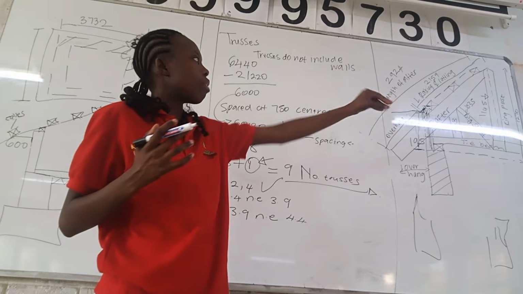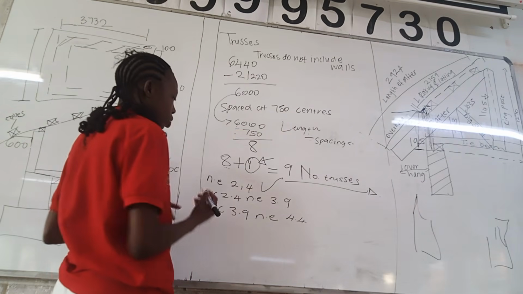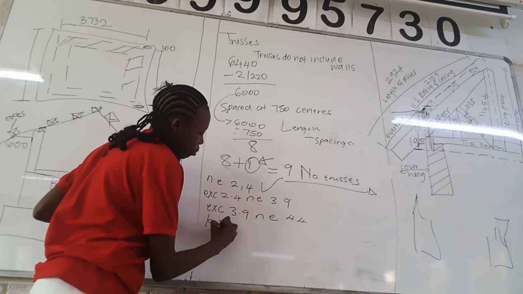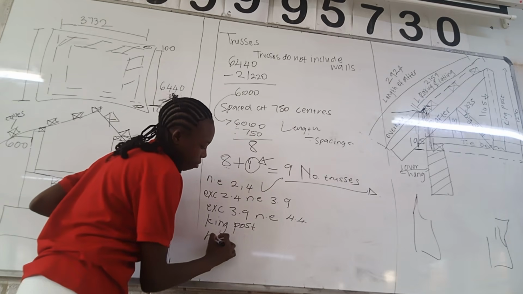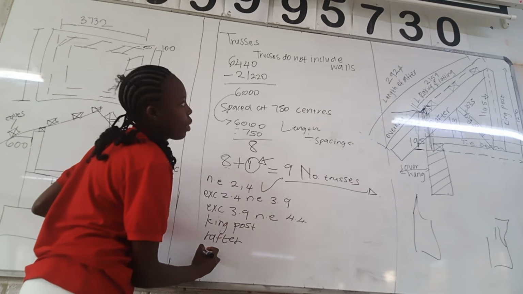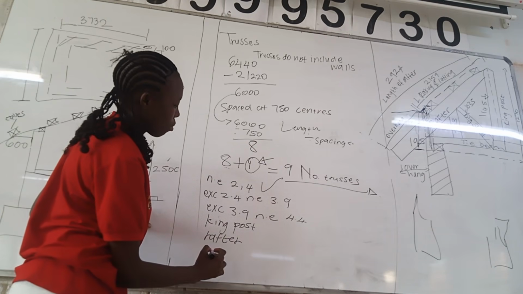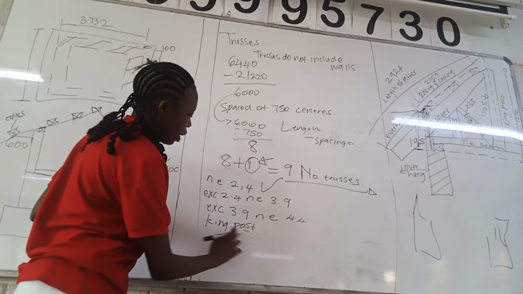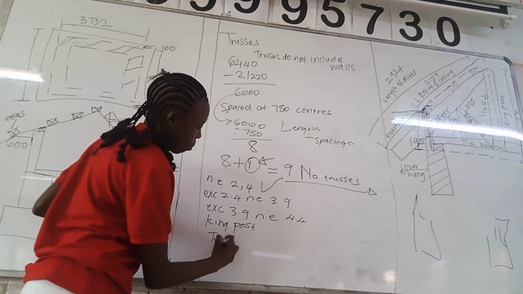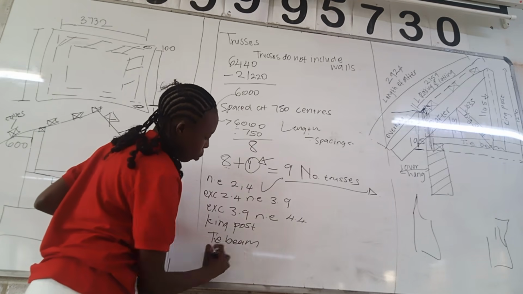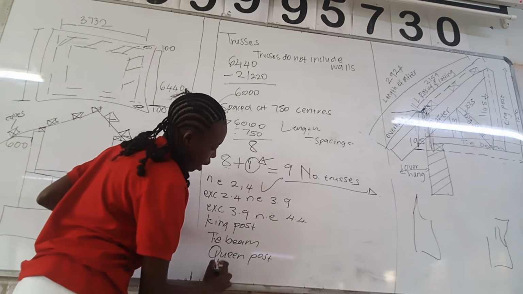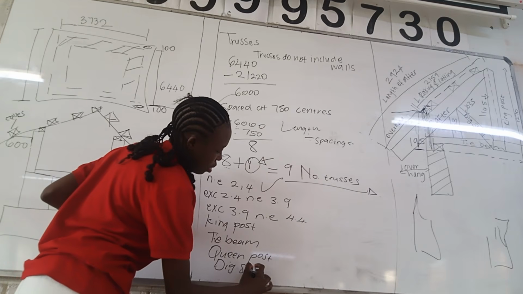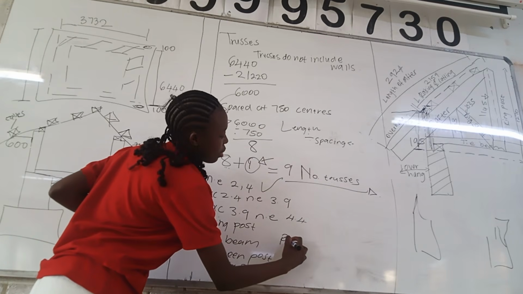So you look at your half truss. When we are talking about trusses, we are talking about king post, the tie beam, the queen post, the diagonal strut, the rafter.